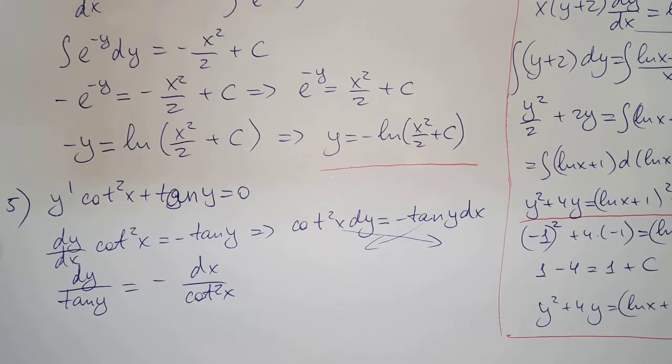But here is one addition. When we divide by cotangent and tangent, we can miss a solution, so let's check the possible missed solution when dividing.